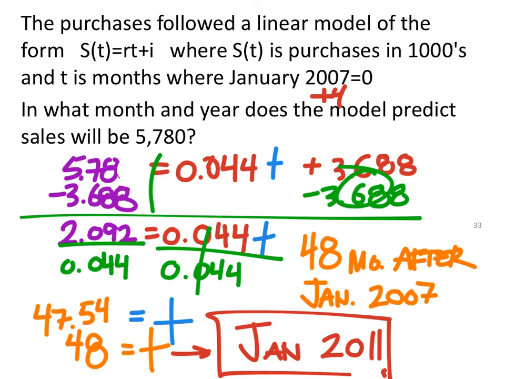So that is when we would expect there to be 5,780 purchases based on this linear model. And you would hope that a business that's been around that long would maybe have a little bit of exponential growth, at least a little bit, you know what I'm saying? But for what we have, that's the answer that we get.